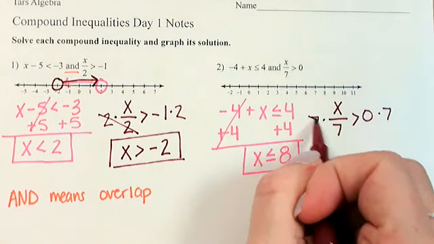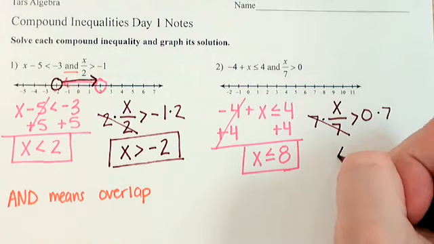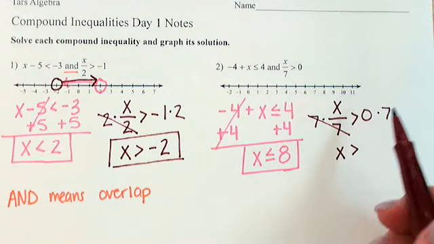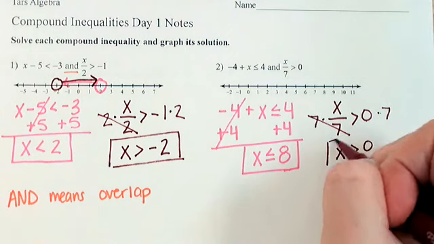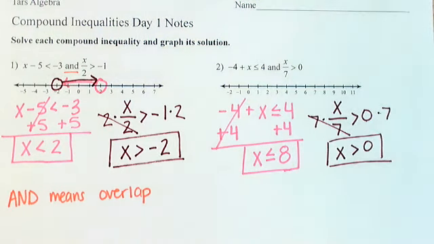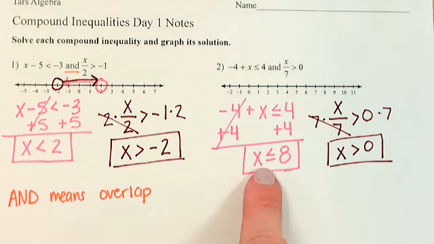So the 7's cancel out. We have x is greater than 0 times 7 is still 0. So x is greater than 0 is our final answer for that half. Now we have solved both halves.